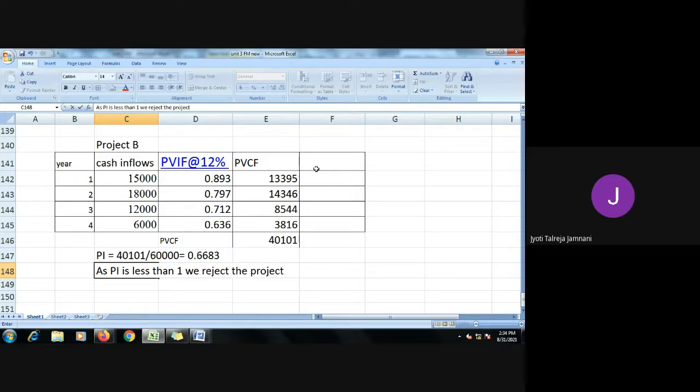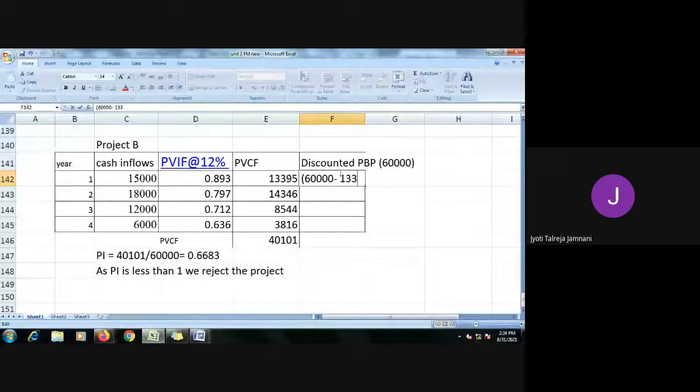Okay, then now we'll find the discounted payback period. Initial investment is 60,000. We'll see whether we are able to recover 60,000 in the life of the project or not. So from the first year, 60,000 minus the present value cash flow 13,395, remaining balance 46,605.